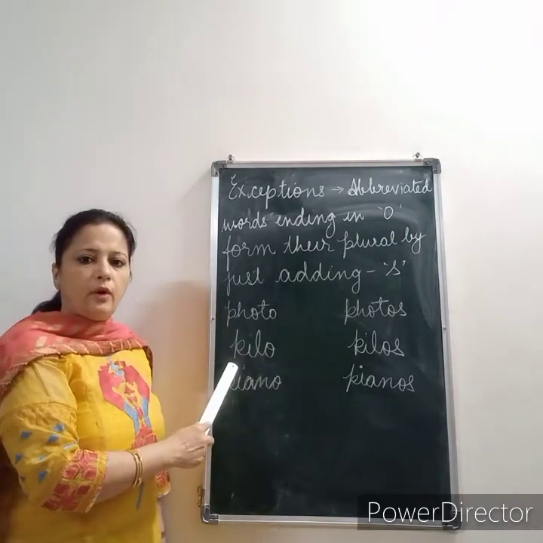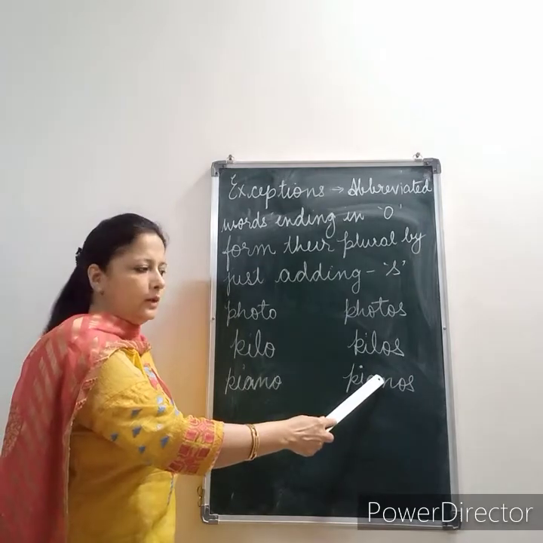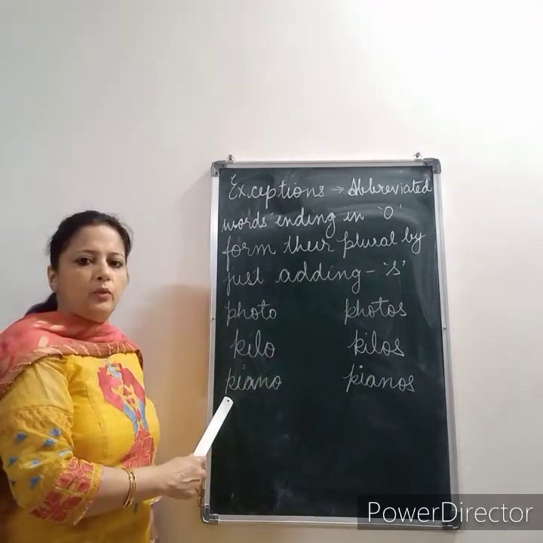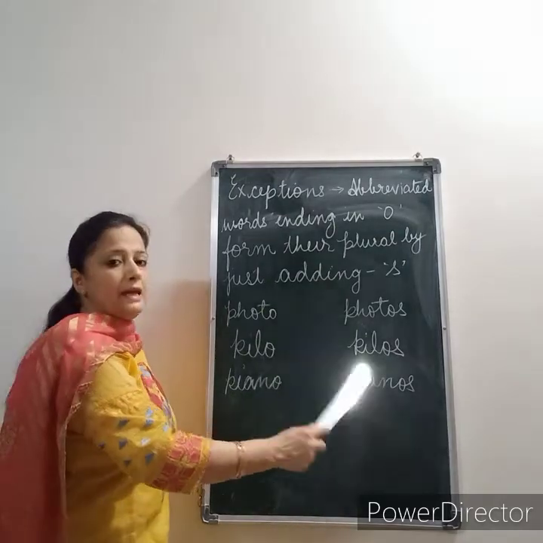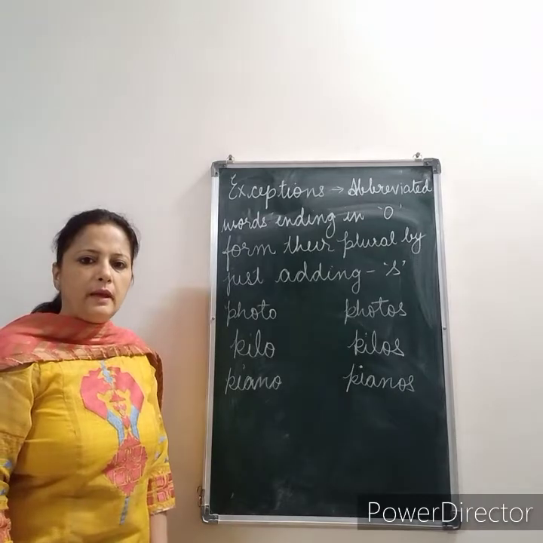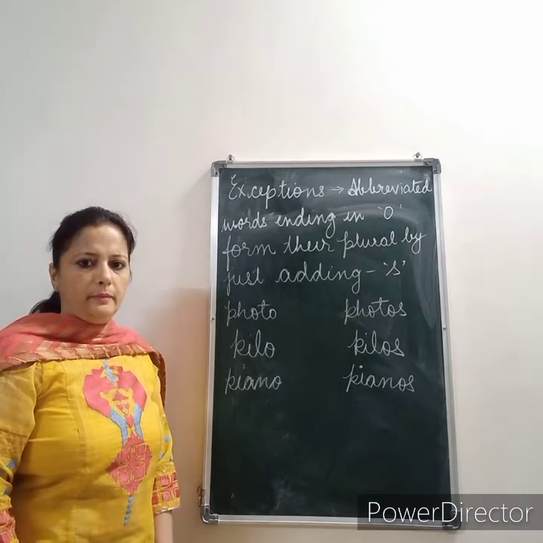Kilo is the short form of the word kilogram, so we write it as kilos. Piano is the short form of the word pianoforte, so it is written as pianos. So these are the exceptions that we have to keep in mind when changing the o ending words into the plural form.